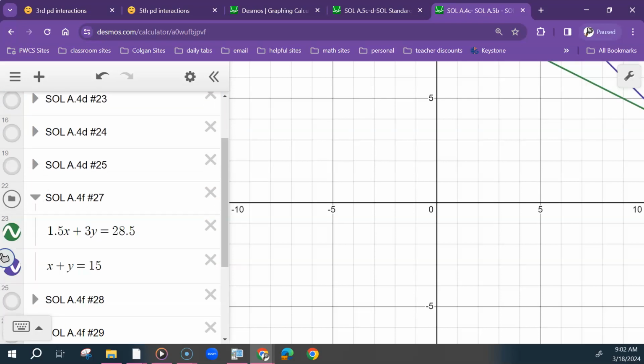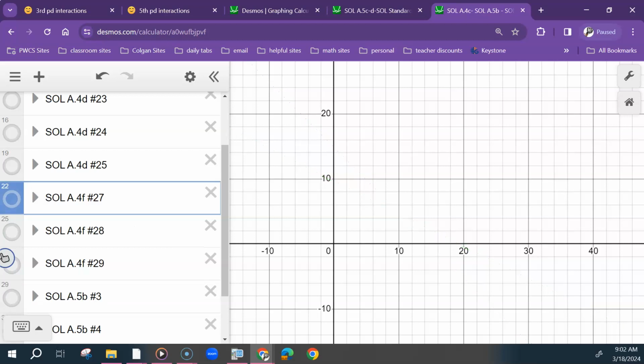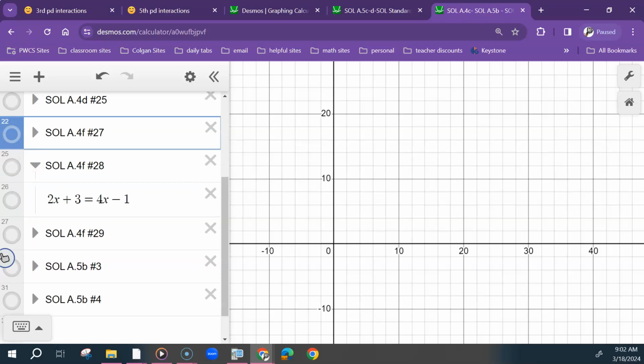That was the word problem. So if you put those in, find where they cross, you can look for it, whatever you're looking for. Actually, it was that one, but doesn't matter.